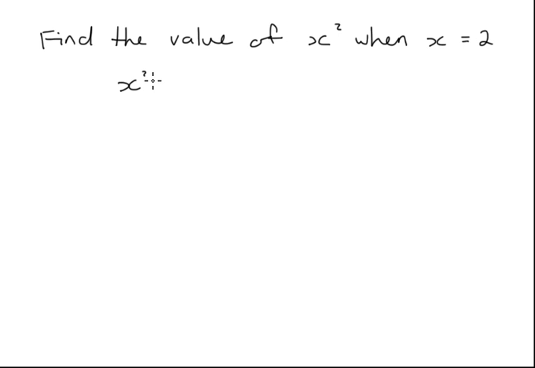Now we know that x squared is equal to x times x, and this is equal to 2 times 2 if x is equal to 2, which is equal to 4. And this will be the answer to this question that wants us to find the value of x squared when x is equal to 2.